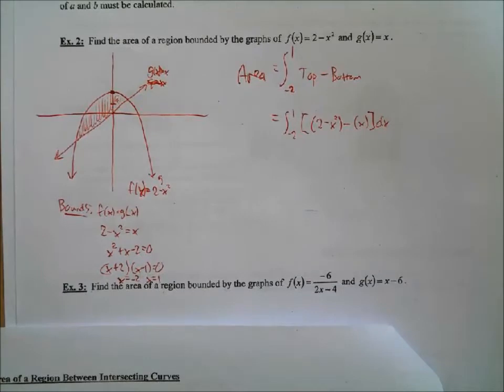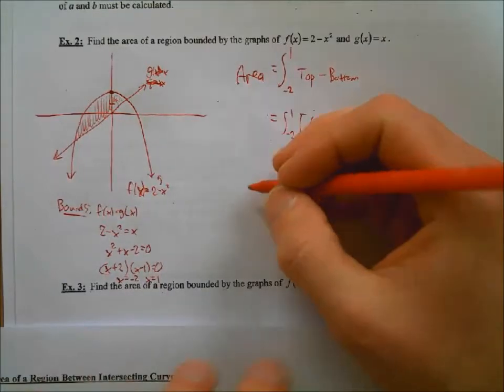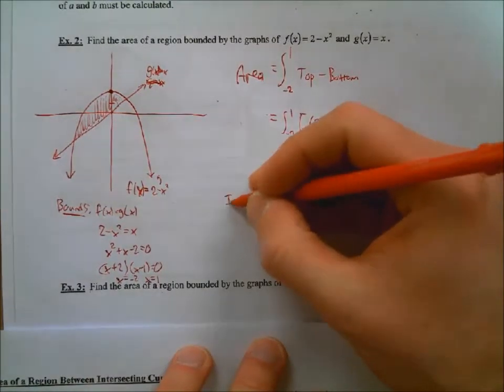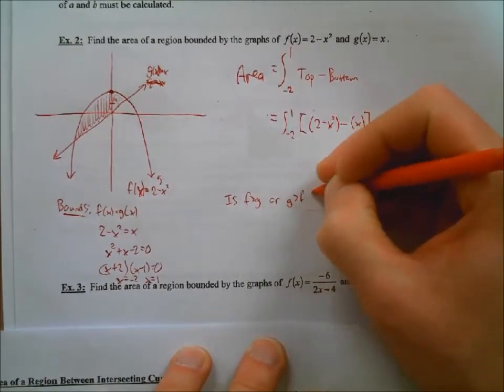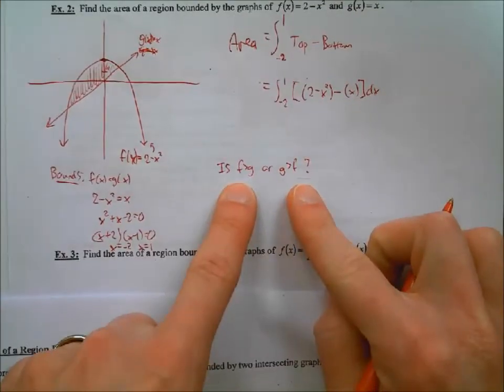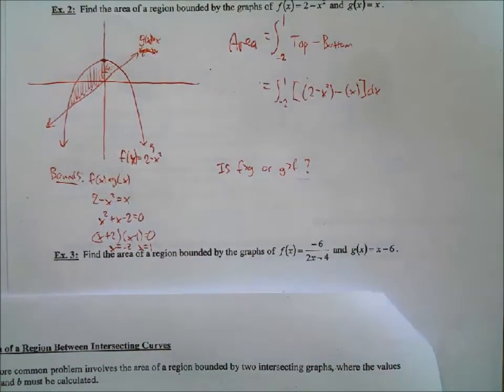But what if we didn't have the graph, or what if we couldn't come up with the graph? What could we do? To determine whether f is greater than g or g is greater than f, exactly, plug in a point. But not just any point, it needs to be an x value between the bounds.